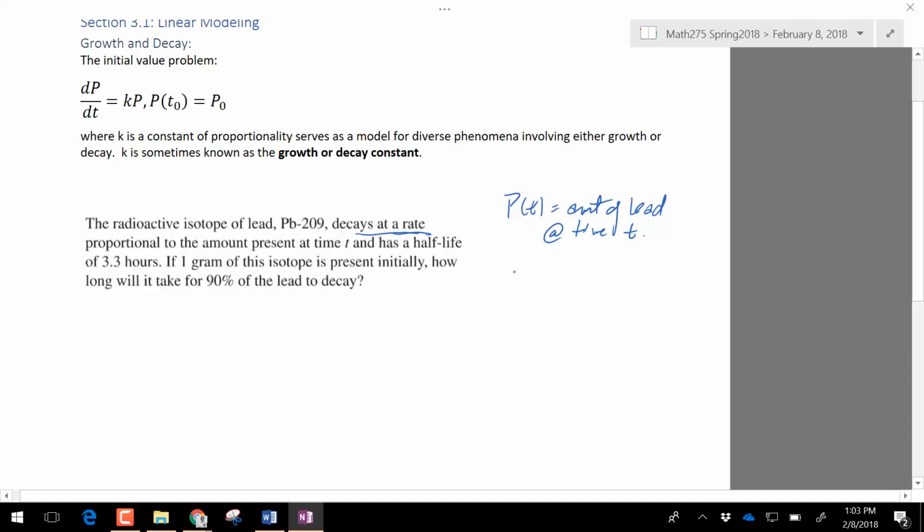So we have dP/dt equal to k times the amount. This is the standard differential equation, the first differential equation that we work with, and this is the one that's most popularly used and easiest to get in pre-calculus and calculus.